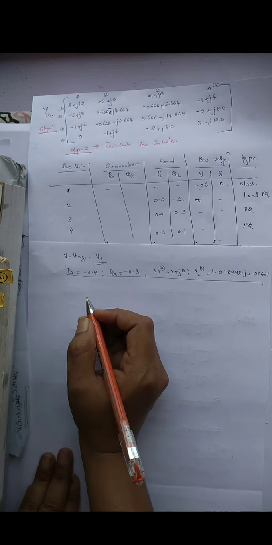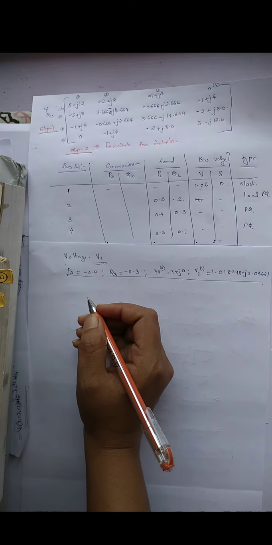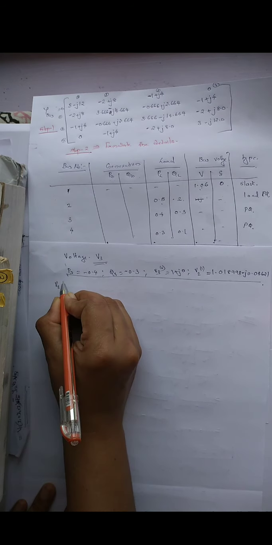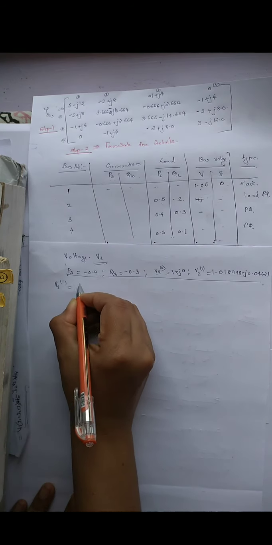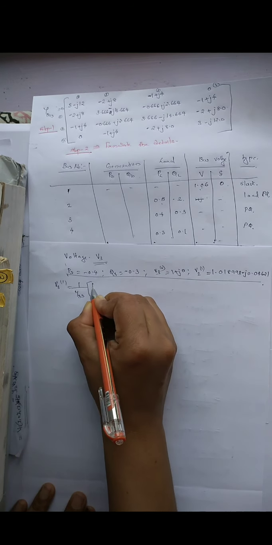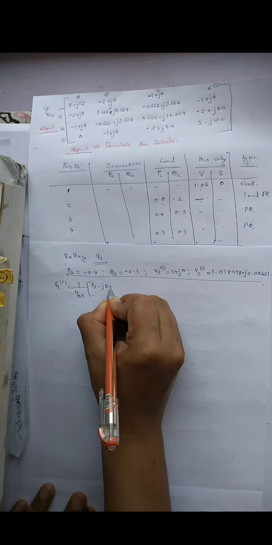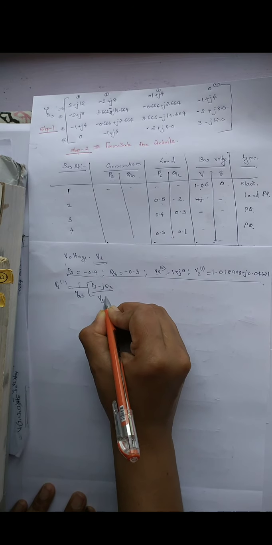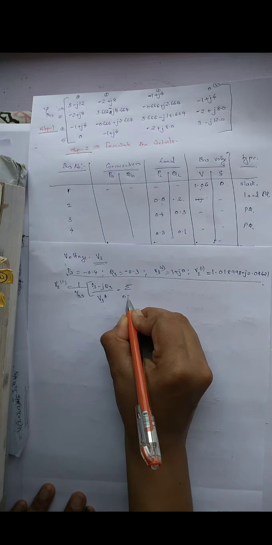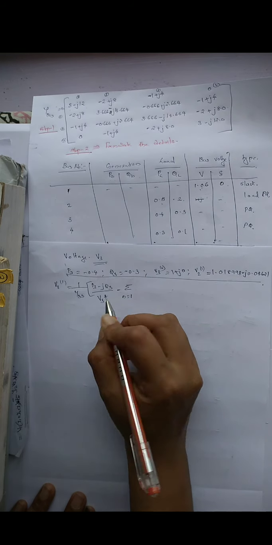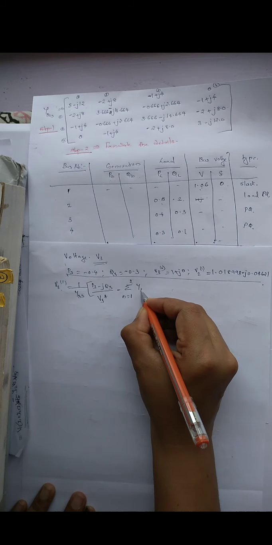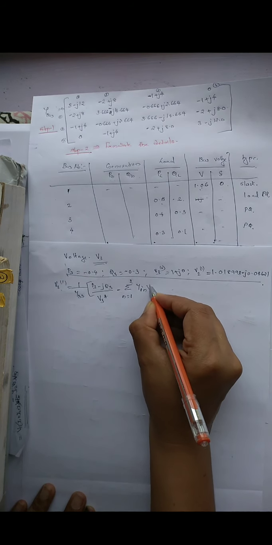Though I am not writing my general equation, I am writing it straight away, that is V3 for first iteration is equal to 1 by Y33 into P3 minus JQ3 divided by V3 conjugate, minus sigma n equal to 1 to i minus 1, that is 2, of Y3n Vn.